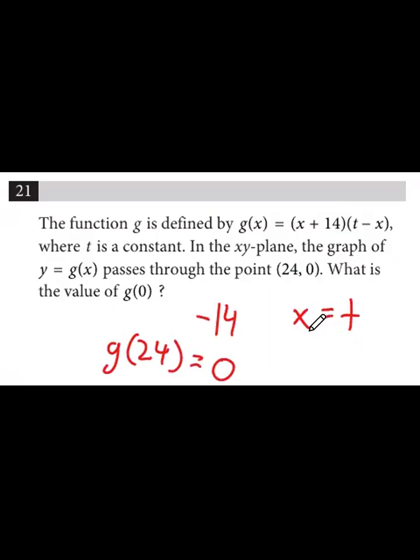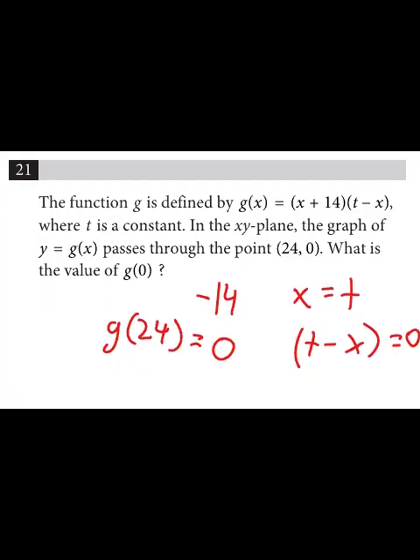So in this case, t minus x has to be equal to 0 for this statement to be true. So that would mean that t has to equal 24 in all cases.